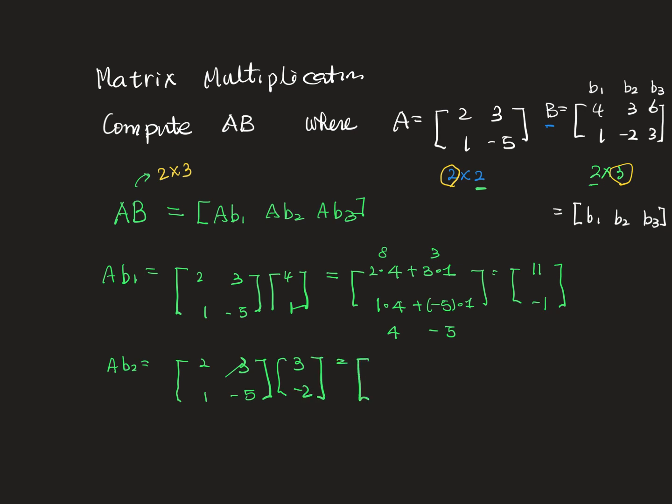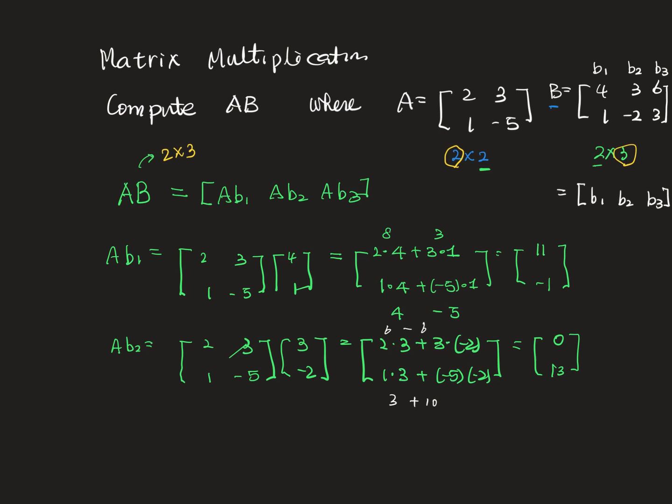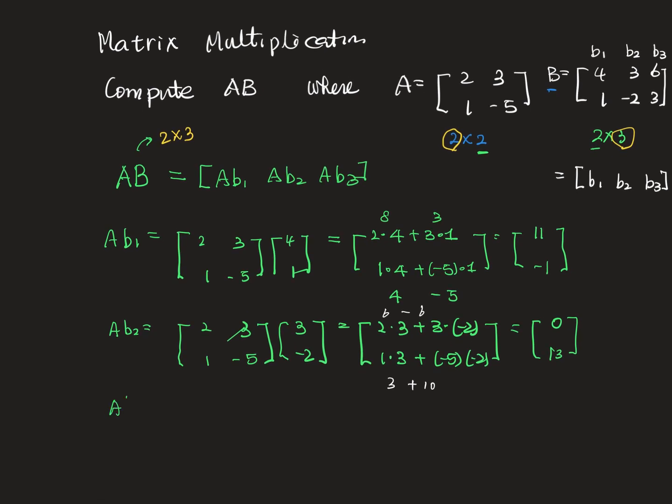This one is 2 times 3 plus 3 times negative 2, and 1 times 3 plus negative 5 times negative 2. So what do you see? 6 minus 6 is 0. Here, 3 plus 10 is 13. Guys, make sense? The last one, AB3.